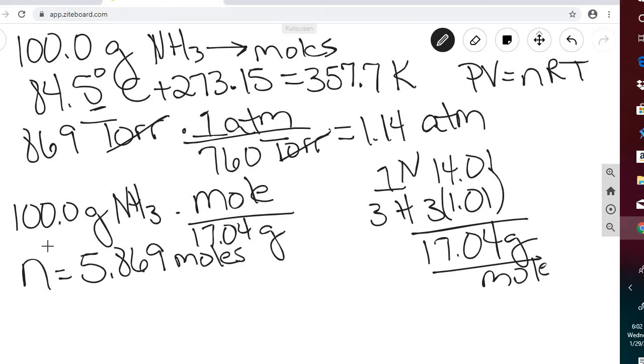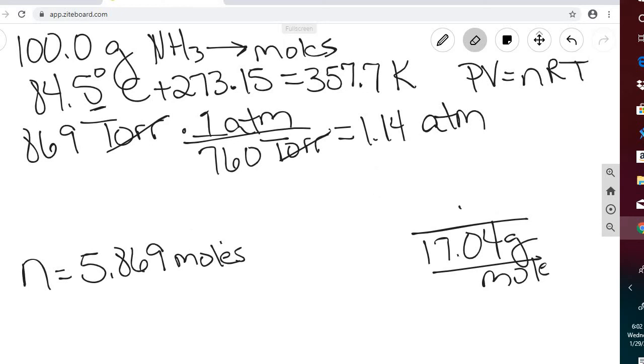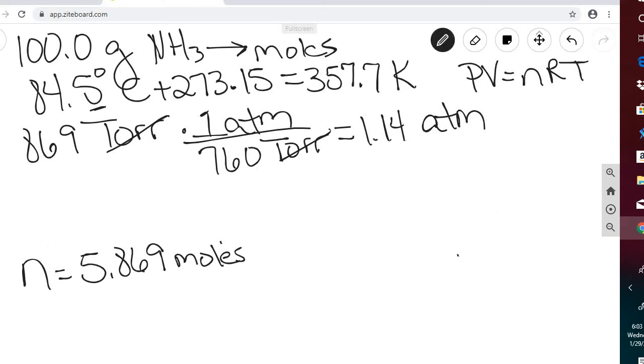Okay, so now we have everything that we need to solve for the volume that we were asked to find. Let's erase some of this, keep the values that we need. So now we're back to PV equals nRT. We were asked to find the volume of ammonia. So we'll solve for volume by just dividing both sides by P.